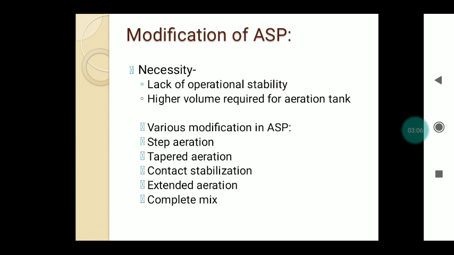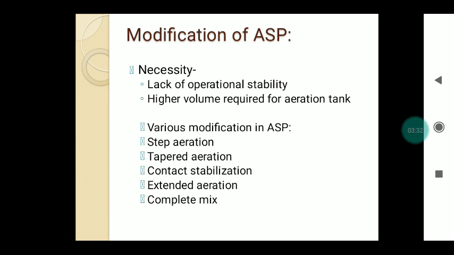The next point is the modification in the activated sludge process. Okay, it is necessary to design a modified activated sludge process because of the lack of operational stability of the conventional activated sludge process. And when a large volume of sewage is added in a conventional activated sludge process, problems are created in the treatment unit.